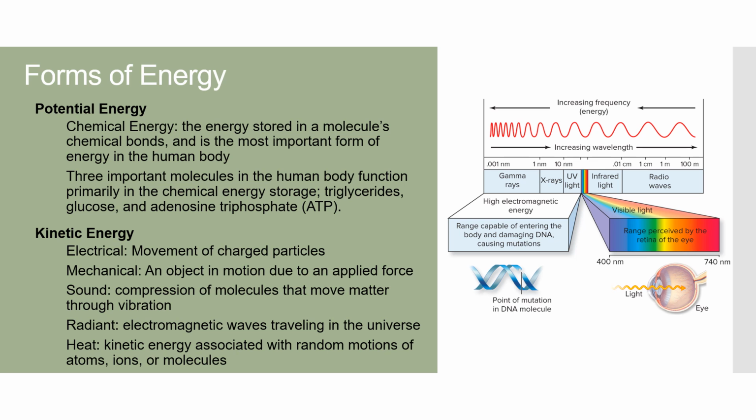Sound energy is produced by vibrating objects, causing compression of molecules as in sound waves. Radiant energy is electromagnetic waves traveling through space. And heat energy is associated with random motion of atoms, ions, or molecules and is measured as temperature.